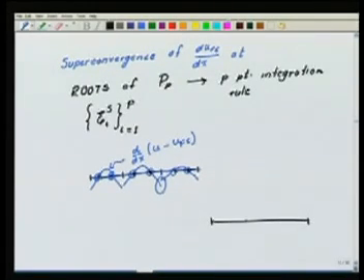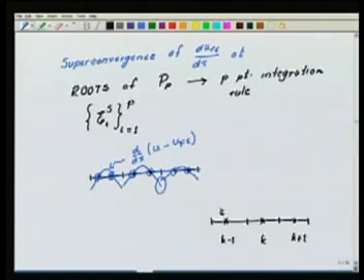Let us say this is my element k, and these are its neighbors k minus 1 and k plus 1. Let us say here I am doing the 1 point rule, but you can have various things.